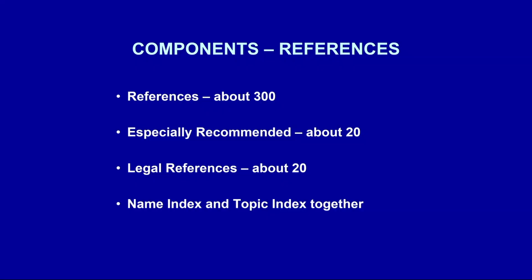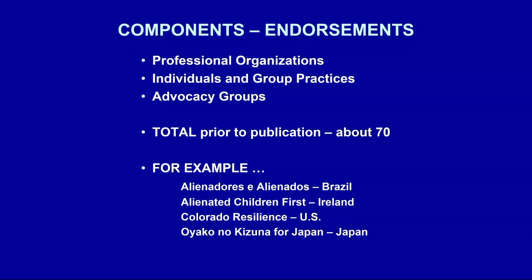Let me just finish up here about the components. So we have references. The big books on alienation have more than 1,000 references. So this is a little book. It has 300 references. And we do indicate that there are 20 or so that we highly recommend. And then we have other references and an index. So those are the components.